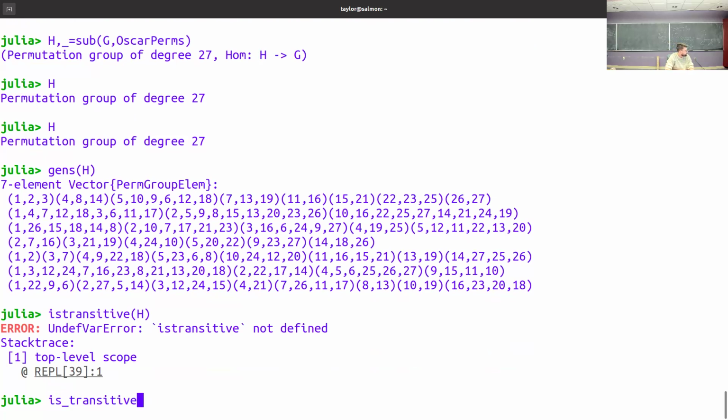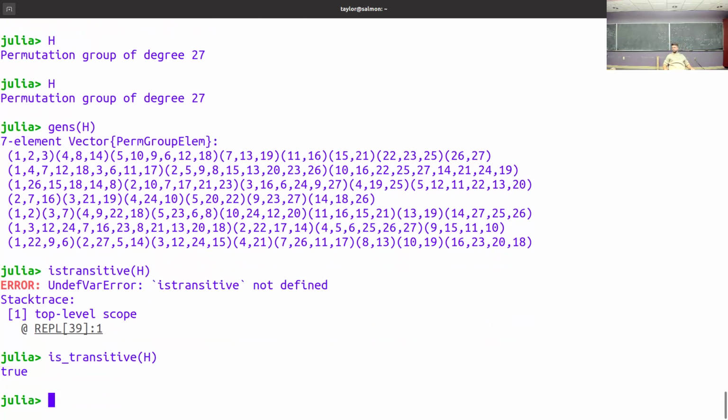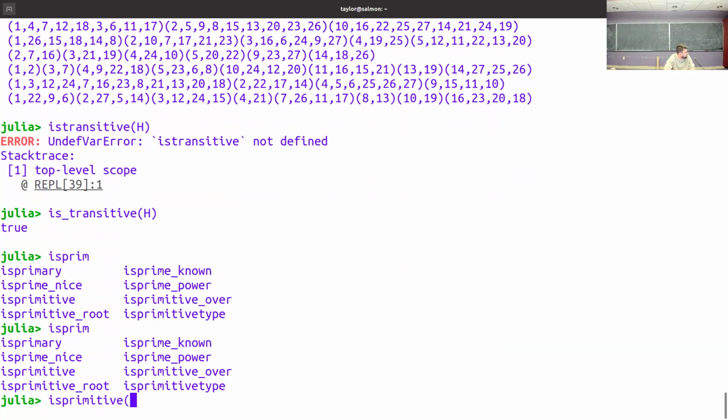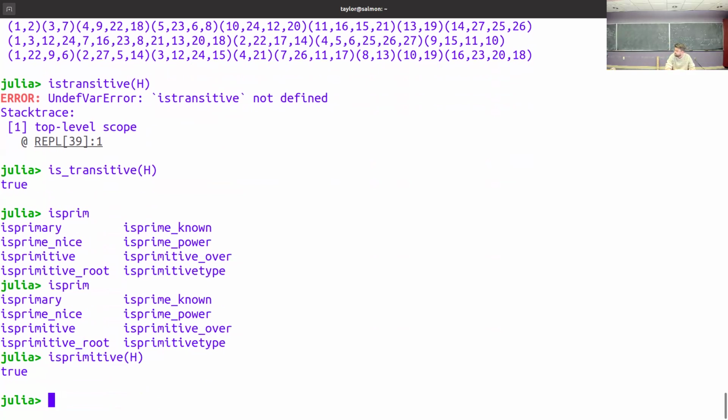And so we can ask whether or not it's transitive. We can ask if it's primitive. Yeah, it's primitive. So what does that mean? There is no way to factor this branched cover of degree 27 because it has a primitive monodromy group.